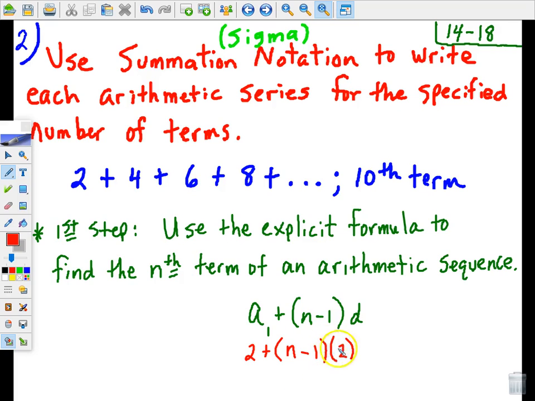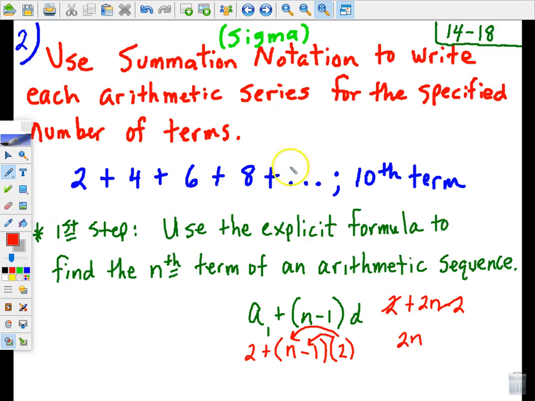All right, now I'm going to simplify this by using the distributive property. I'm going to distribute 2 to both of these terms in the parentheses. 2 plus 2n minus 2. And then we can cancel these, and all that's left is 2n.